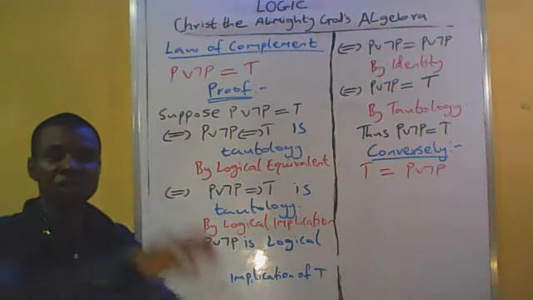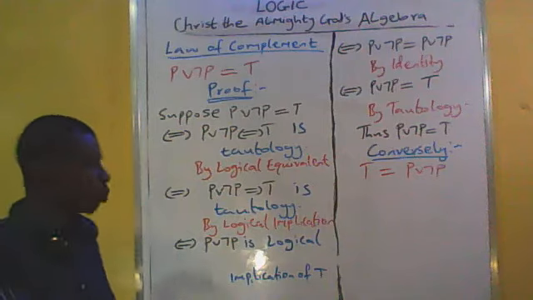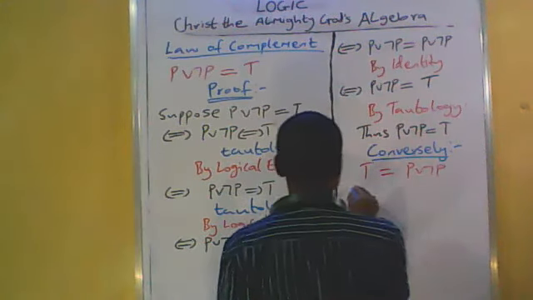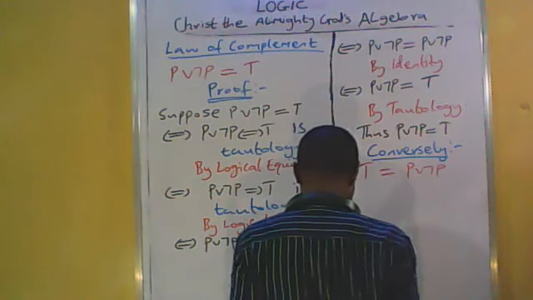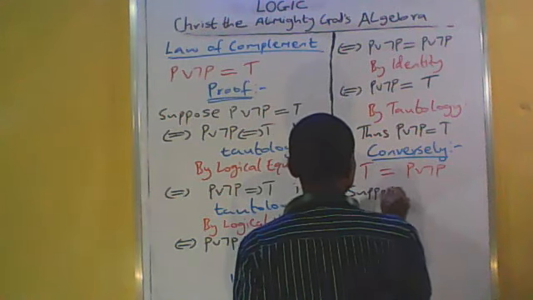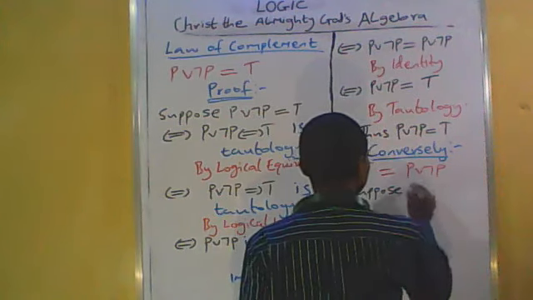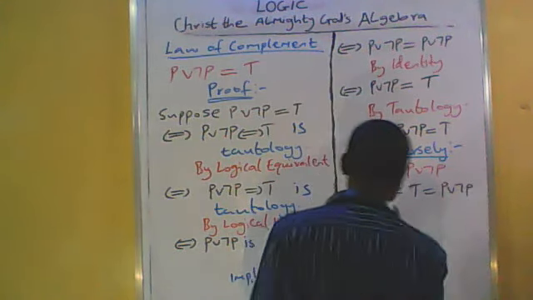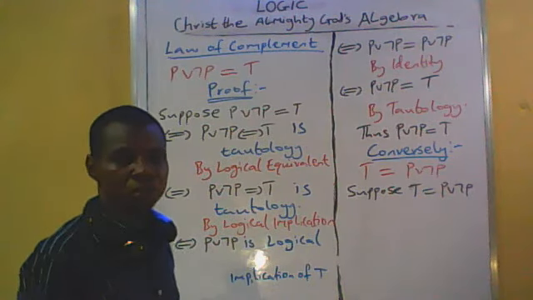That is to say that it is now the converse. Let us prove it. So suppose T is equal to P or not P. We are assuming that the statement is truth.